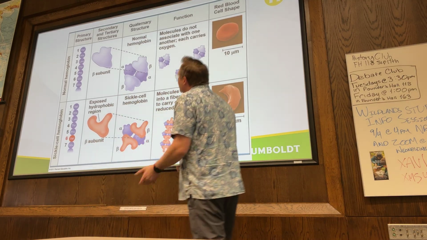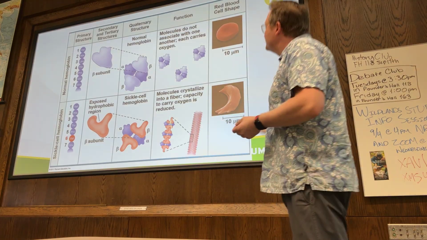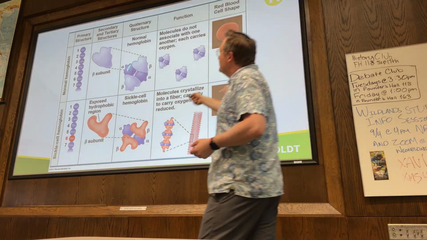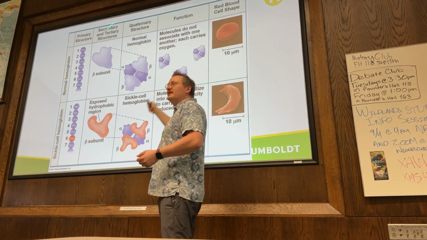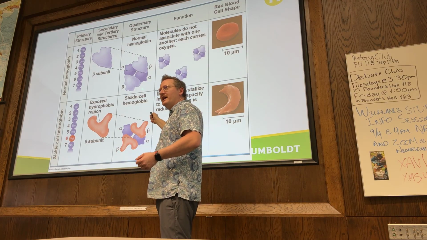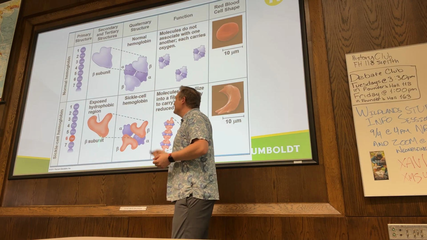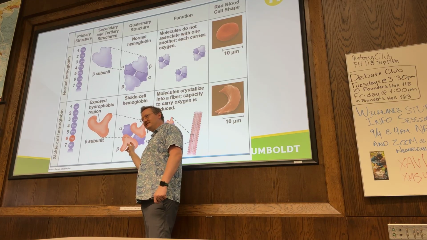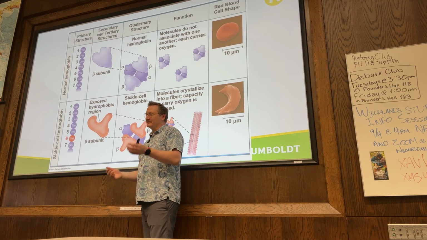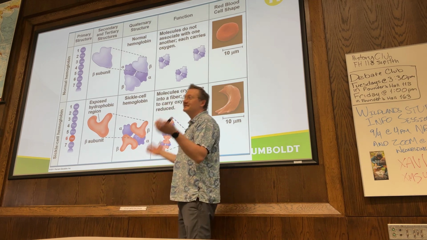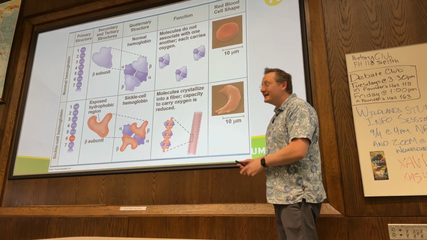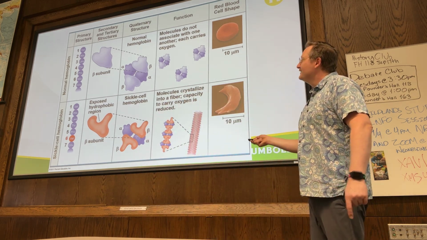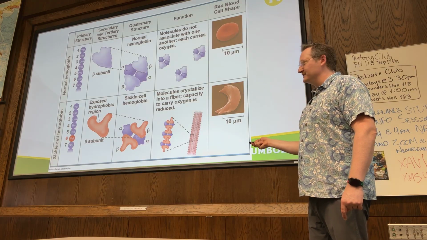Now, when associated with the alpha subunits to make hemoglobin, normal hemoglobin looks like this and has no exposed hydrophobic region. Sickle cell hemoglobin, however, has these exposed hydrophobic regions. And what do we know about hydrophobic regions? Like dissolves like, right? They're going to associate with other hydrophobic regions.